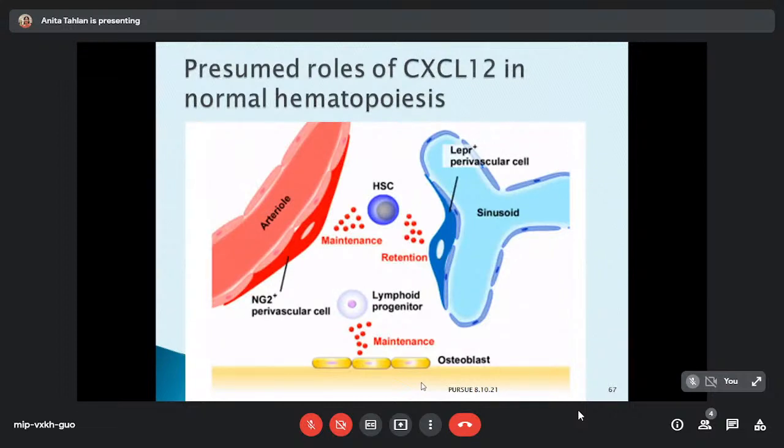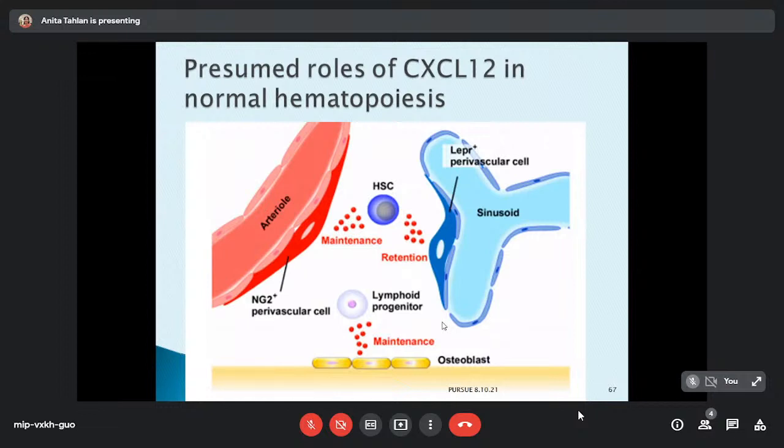CXCL12 represents the homeostatic mechanism, a chemokine produced by various cells in bone marrow, and therefore it is implicated in maintenance of the hematopoietic cells, retention of the hematopoietic cells in its niche, and also inhibiting the hematopoietic cell from going into the cycle, so therefore keeping it quiet.